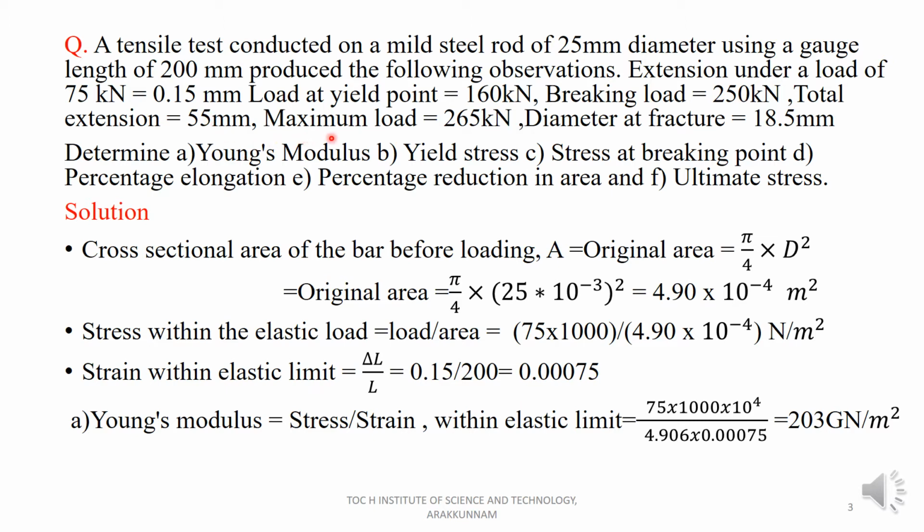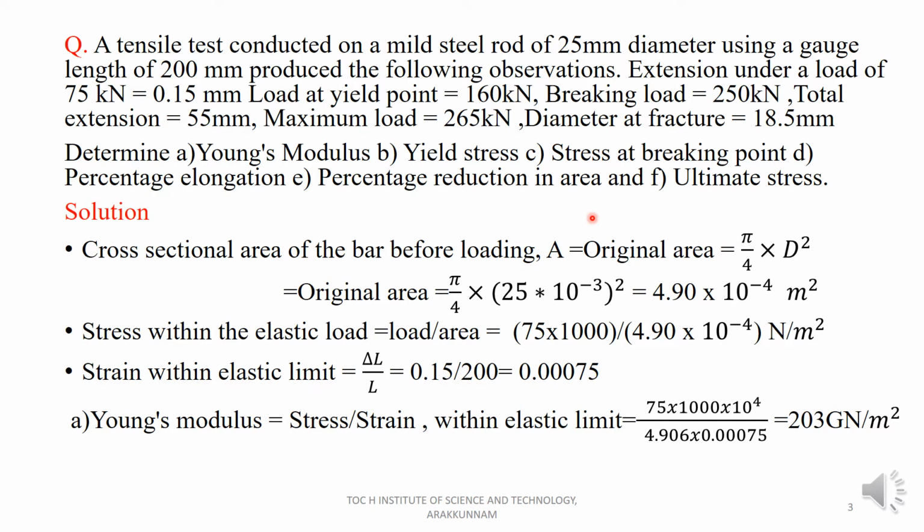Breaking load is equal to 250 kilonewton. Total extension is equal to 55 mm. Maximum load is equal to 265 kilonewton and the diameter at fracture is equal to 18.5 mm. Determine Young's modulus, yield stress, stress at breaking point, percentage elongation and percentage reduction in area and ultimate stress.